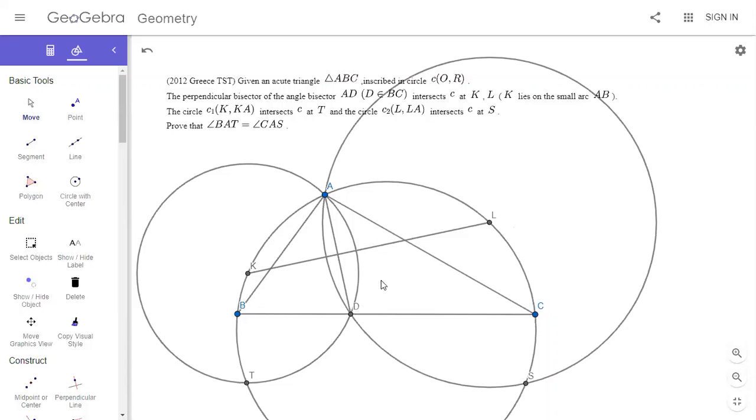So DLK is half of DLA, which is DSA. Just trying to think here. So is it obvious, how do we know KDL is tangent to BC? Because I see that would solve it, I feel like.